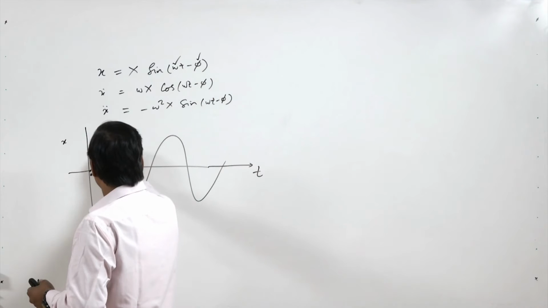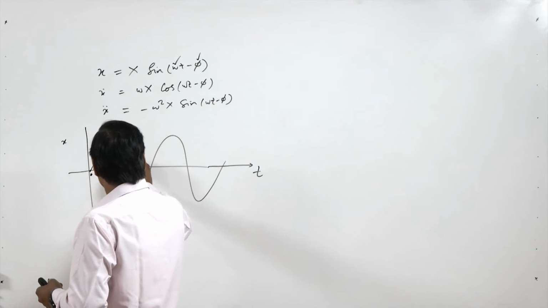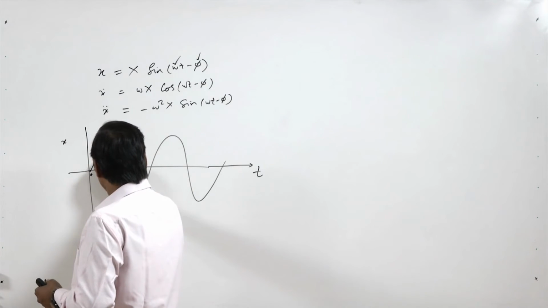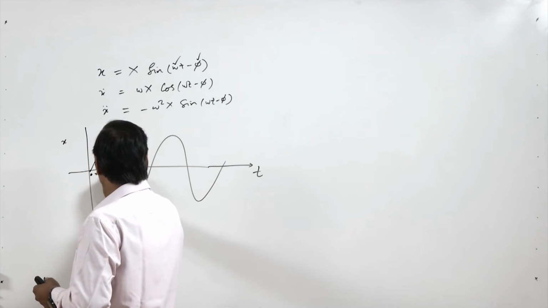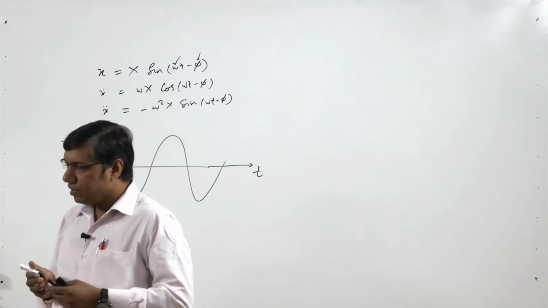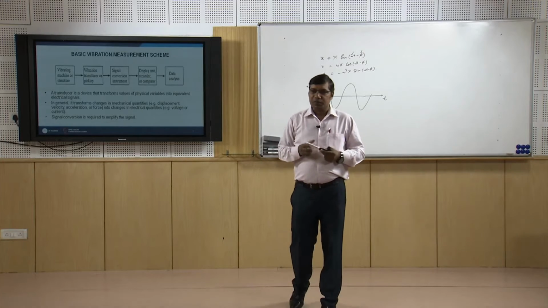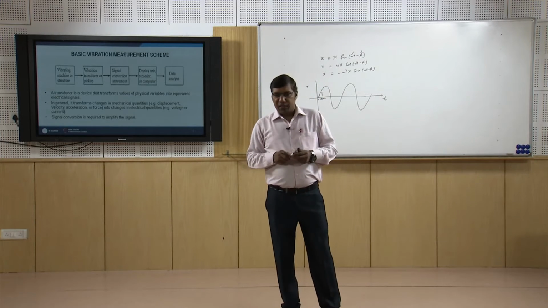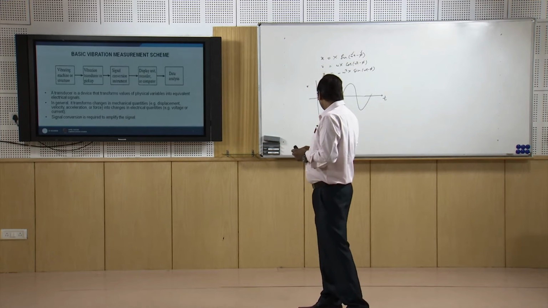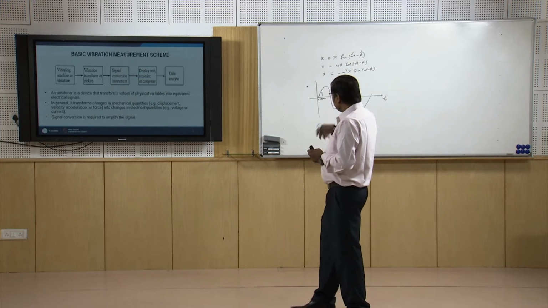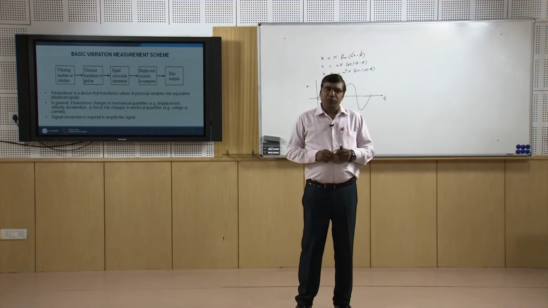Here there is some delta t, the time step. At each time step we will get the value of the physical quantity, that is displacement x, and we can see this signal on the screen.